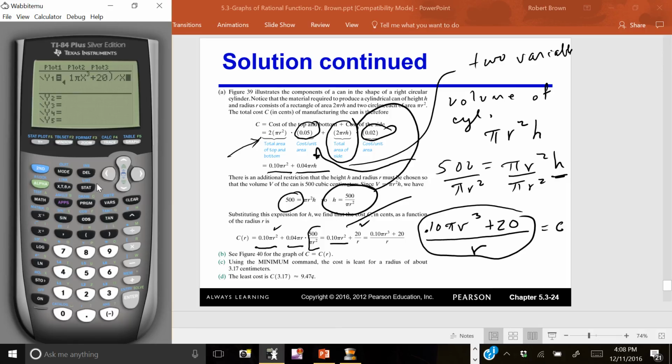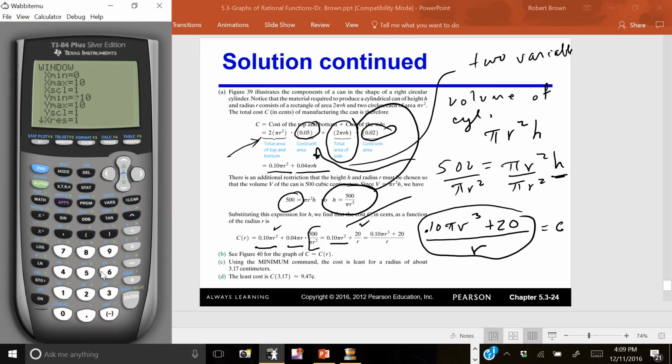And let's set up a window. Well, the radius has got to be 0 or above. So let's put x min equals 0, x max, let's go for 10 to start off with.